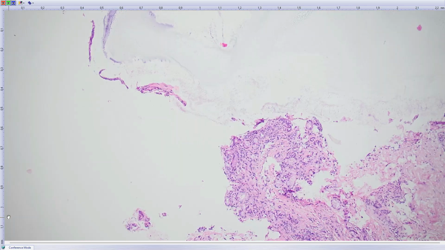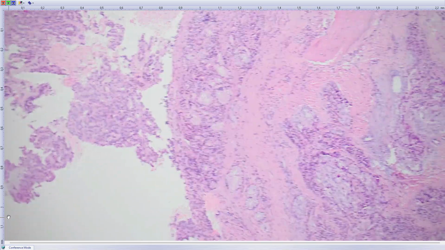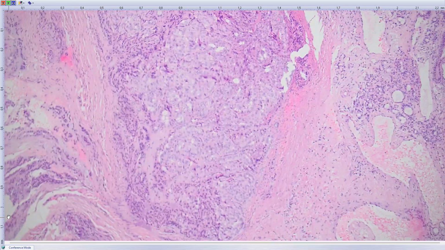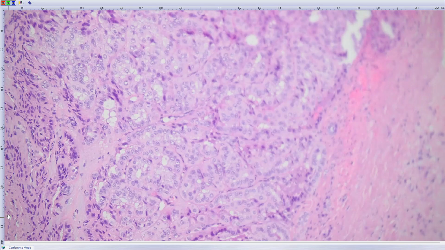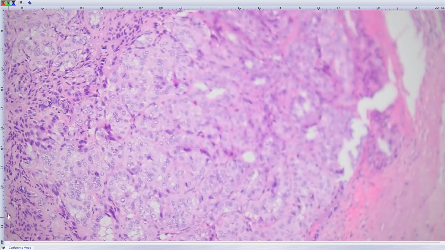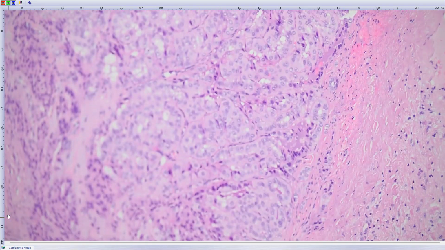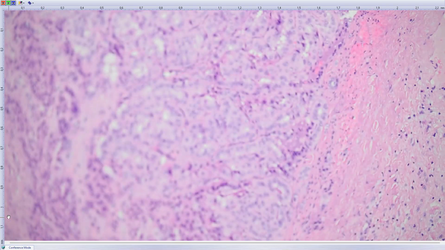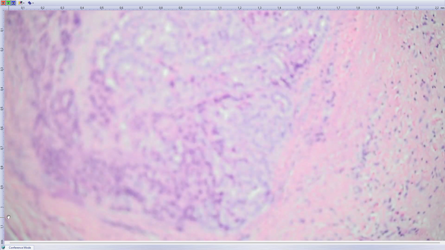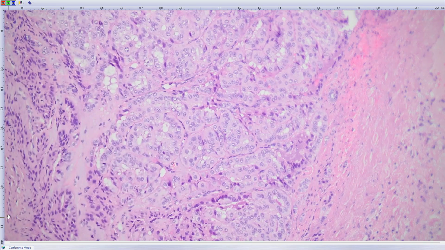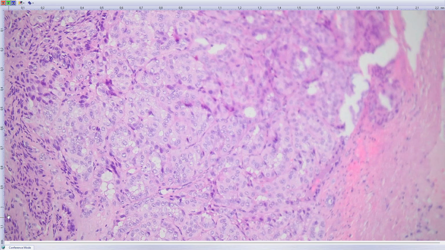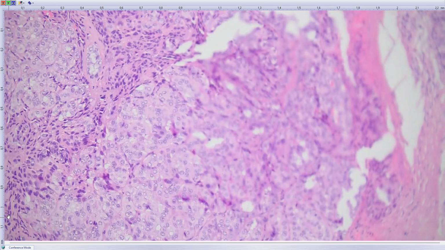But the central part of the lesion has this tumor. It means that it's some tumor probably arising from seromucinous hamartoma. And from H&E I could not say what it might be, even if I should know it.